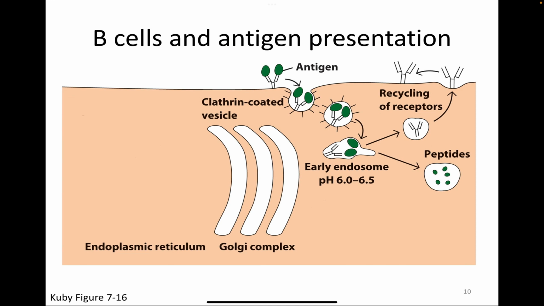This is a specific type of endocytosis. So I told you endocytosis is when you bring in a sort of smaller thing. This endocytosis happened because the receptor bound some stuff.